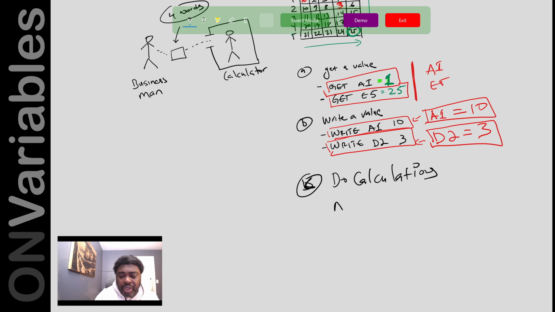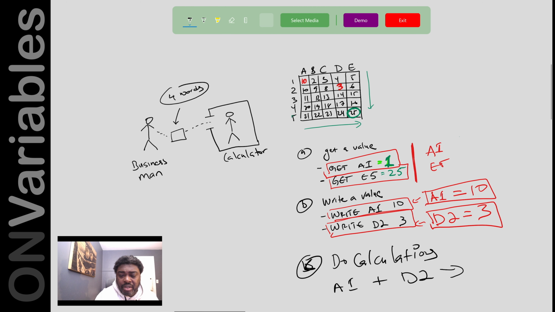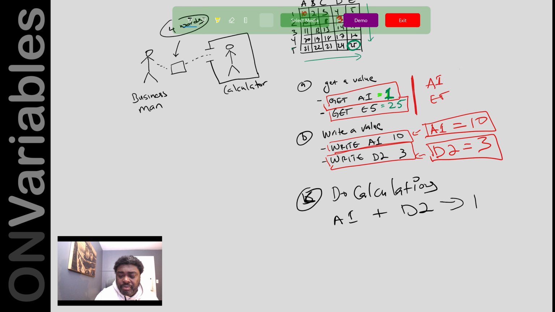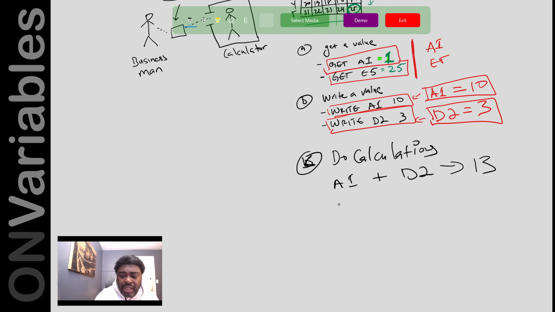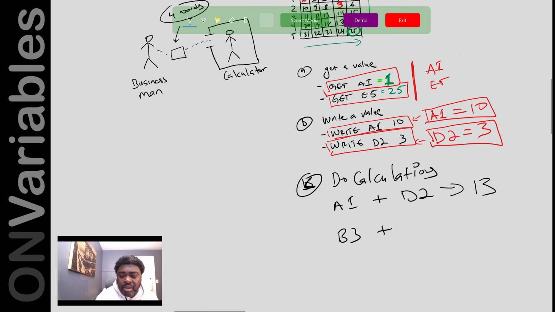We understand that we can do A1 plus D2, and that when we do that, we will get the response 13. And we understand that we can do, let's change it up, something like B3 plus C1.